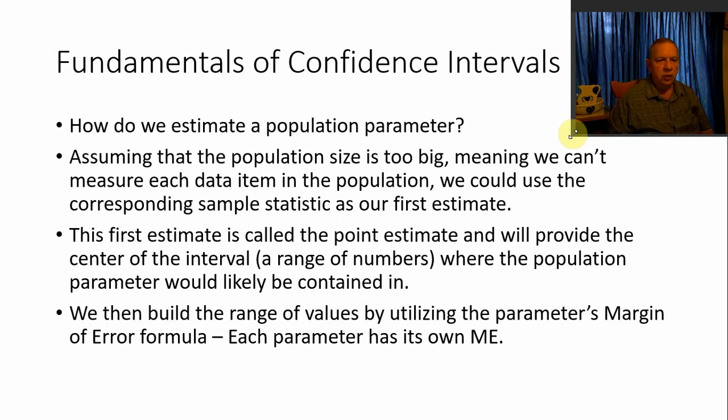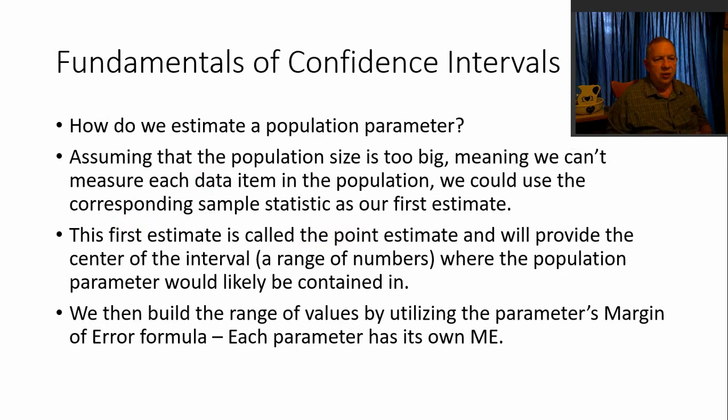Okay, so what we were going to do is basically go take a sample and look at the sample statistic. We'll use the sample statistic as our first estimate of what's going on in the population. This first estimate we call the point estimate when we're doing confidence intervals.